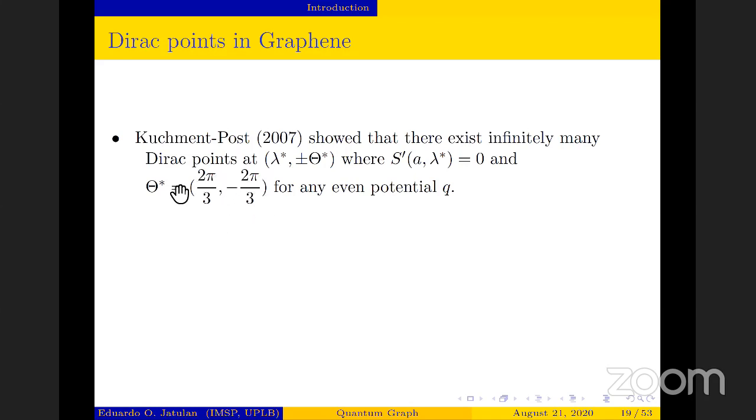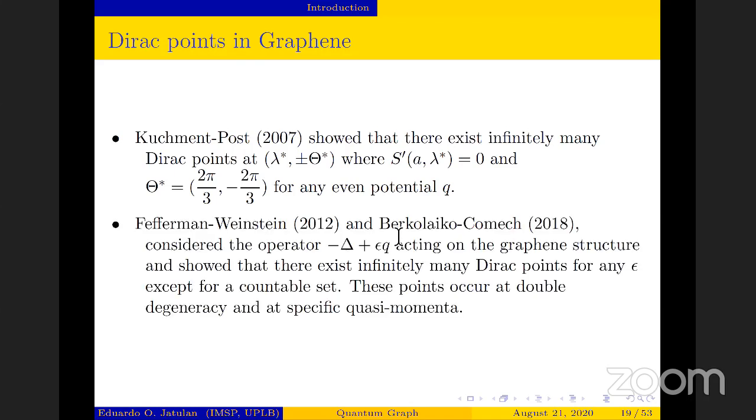This is a point in our Brillouin zone for any even potential Q. Then Fefferman and Weinstein, and also Berkolaiko and Comech, considered an operator acting inside the hexagon; their model is not a quantum graph.